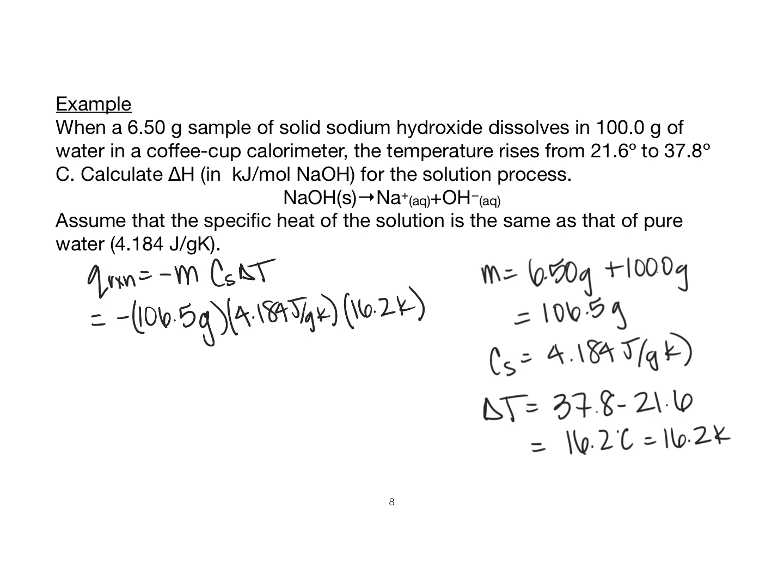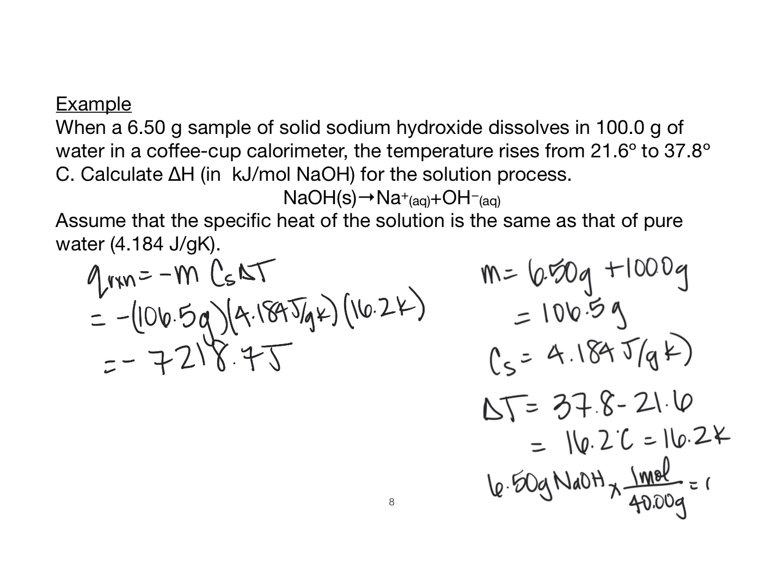So that equals negative 7,218.7 joules. And so it asks for this in kilojoules per mole of sodium hydroxide. So we need to figure out the moles of NaOH. So we're going to take our 6.50 grams of NaOH, divide by the molar mass, which is 40 grams per mole.